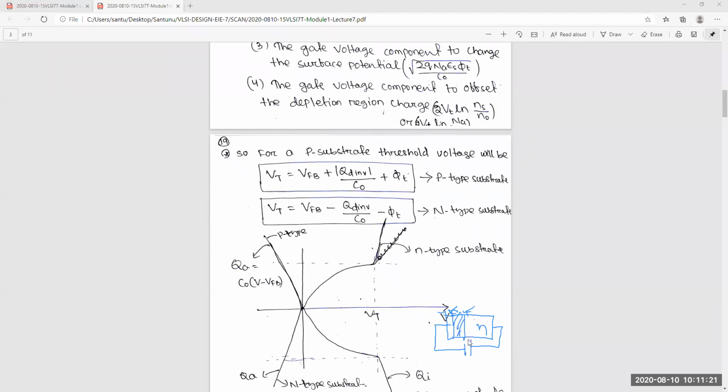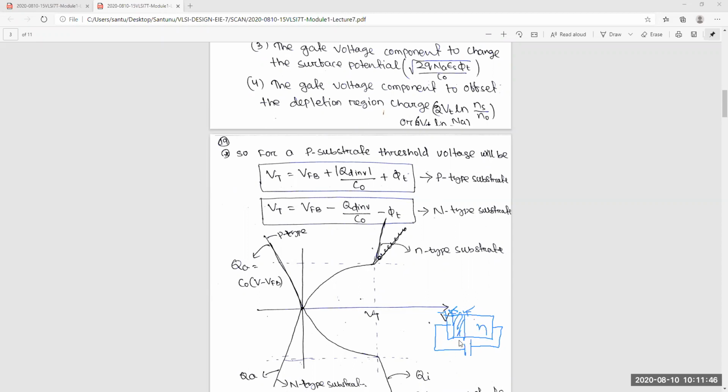Have you seen this? Here I'm giving a positive voltage at the gate, because for a p-type substrate we need a negative charge at the interface. Yes or no? Yes, sir.